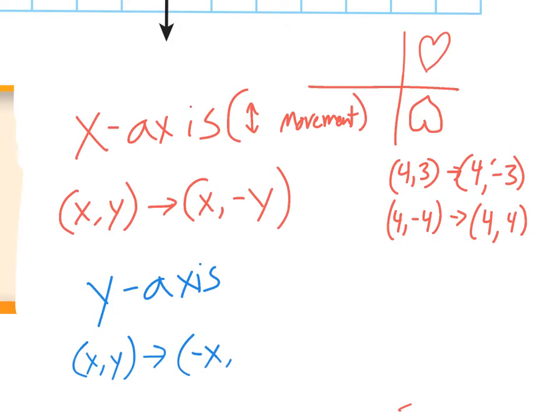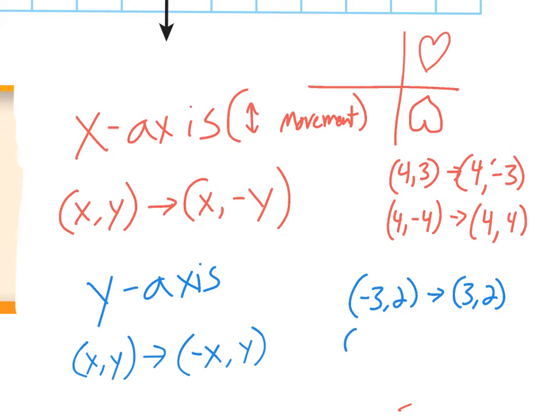Good. Now we don't want to get in the habit of saying x is negative, because x might start out as a negative. This might be our original point. That might be our pre-image. If we reflect that over the y-axis, we're not so much making the sign negative, we're flipping the sign. So instead of a negative 3, now it'll be a positive 3.